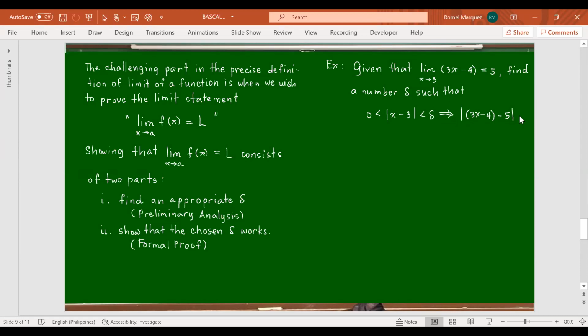So the absolute value of this difference is less than epsilon.